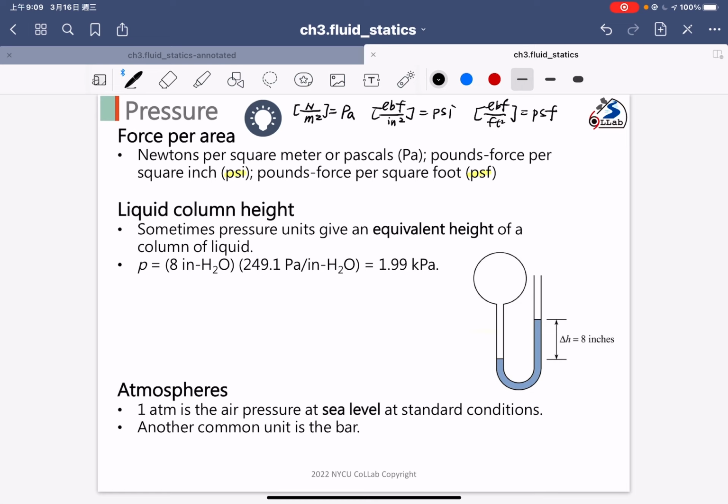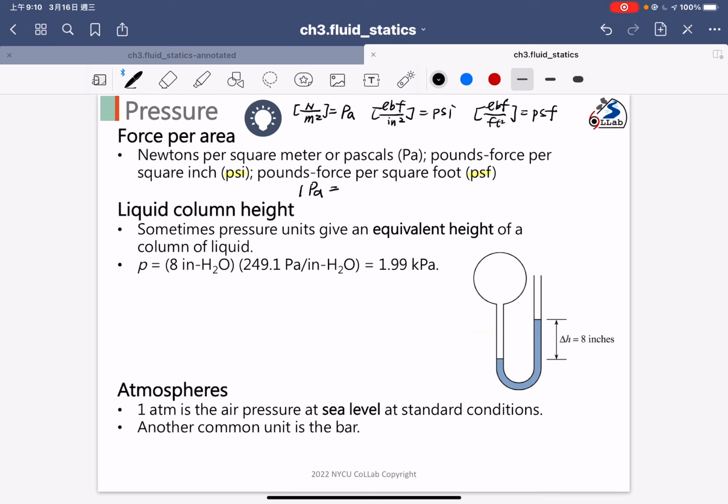And here the slide already tells you the unit difference, right? So you can try to convert the unit by yourself. As I mentioned, if one pascal is equal to how many PSI and how many PSF, right?